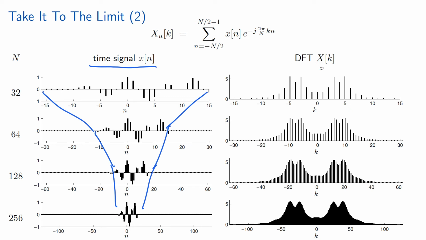Now let's look at what happens to our DFTs. Very interesting thing happens to the DFTs. The time signal, you can see, is getting squished in. But the DFT does get squished in a different way, because remember, no matter how many samples n there are in my DFT, I'm always limited between the frequency minus pi on this side, I'm pinned to that frequency, and plus pi on this side, right?